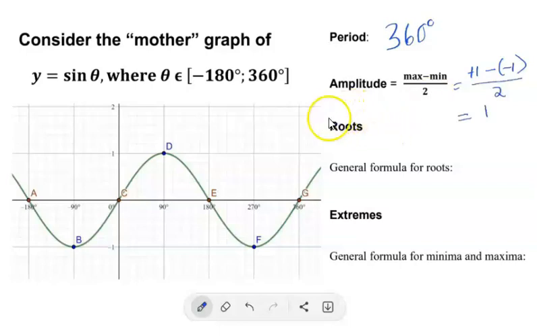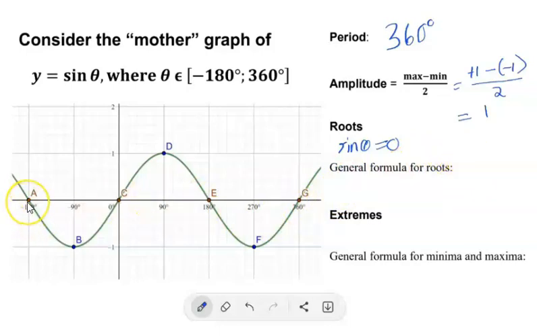So let us look at the roots. When we talk about the roots, we're actually asking what the solutions are, the values here on my horizontal axis. Easy to read off. So we can read it off: minus 180, 0, 180 and 360. We can even write a general formula for the roots.